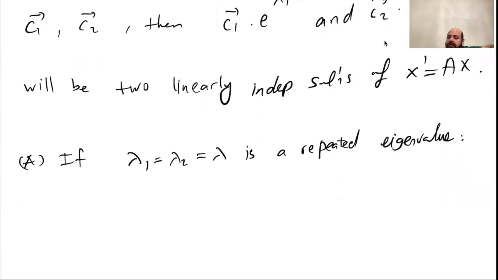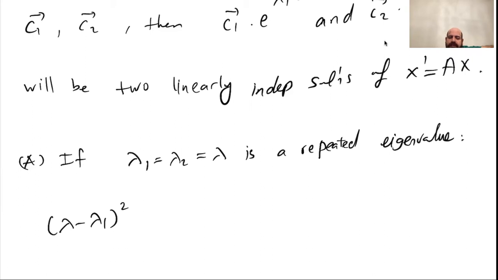Repeated eigenvalue means you have, let's say, (lambda minus lambda 1) squared appearing in your polynomial. So then the multiplicity will be 2. And we say if the multiplicity is 2, we can have at most 2 linearly independent eigenvectors. So that means either 1 or 2 linearly independent eigenvectors.